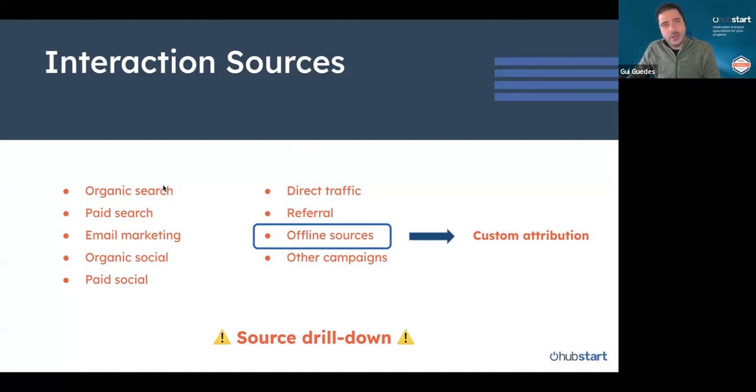A few years ago, we were able to see which keywords they were using. Okay, for example, they could be using "best agency for HubSpot partner agency," and they could find us in there, and we would see what they typed or what they searched for. Now this is getting really rare.